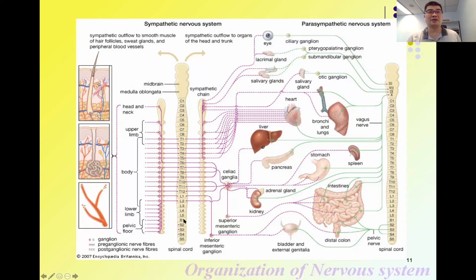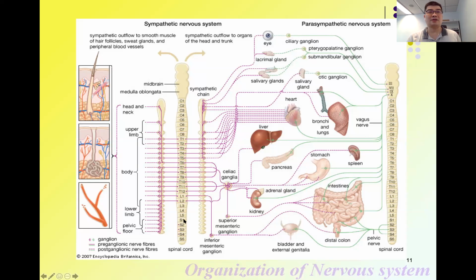Ciliary ganglia is actually one of those. And you can see that there are a lot controlling different things, for example, the sweat gland, blood vessel, even hair follicle.